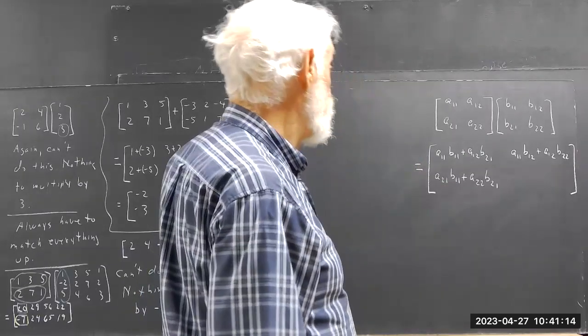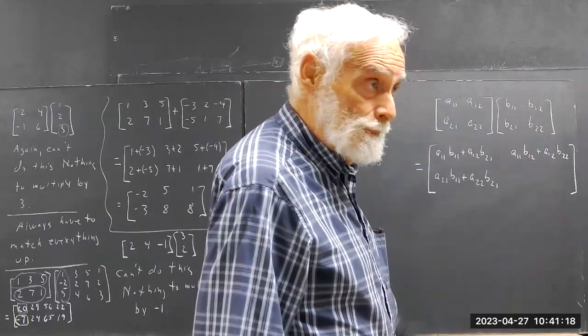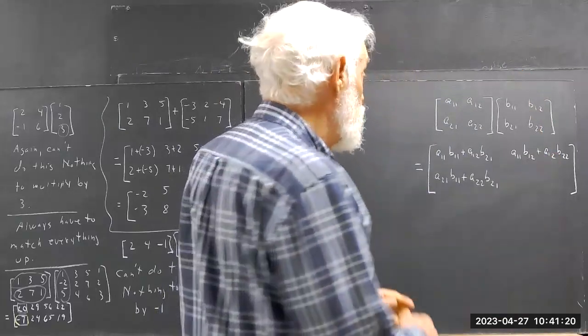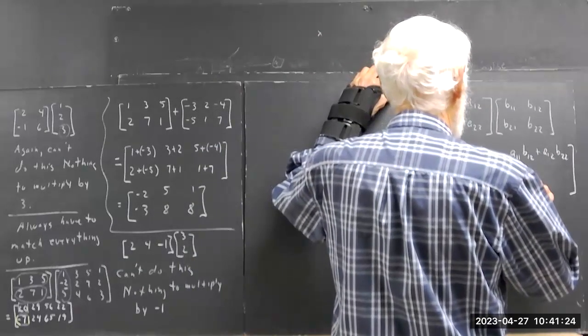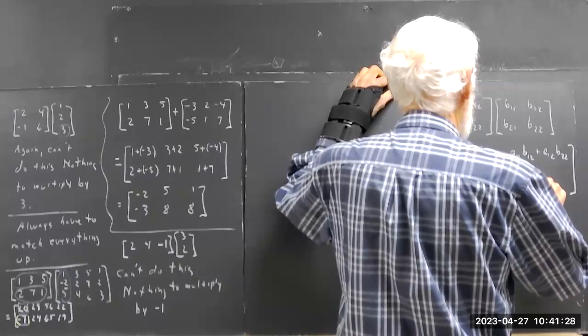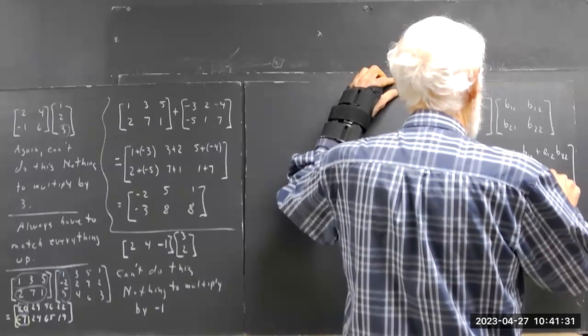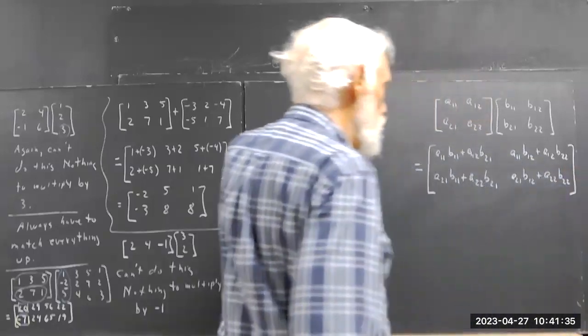Then we multiply the second row by the second column, and the result goes in the second row and the second column. So it's going to be A21 B12 plus A22 B22.